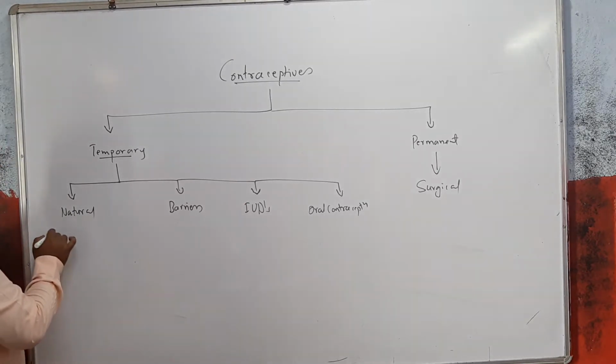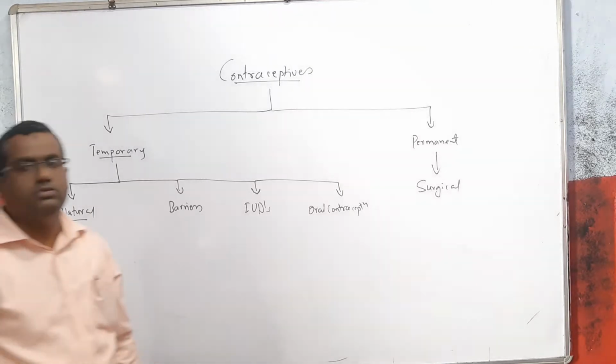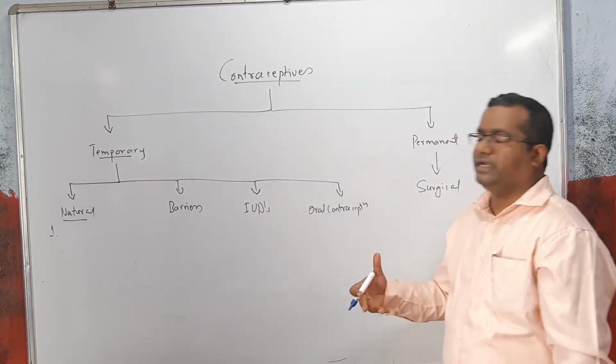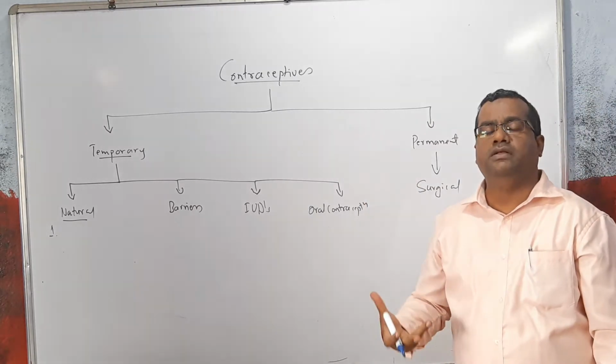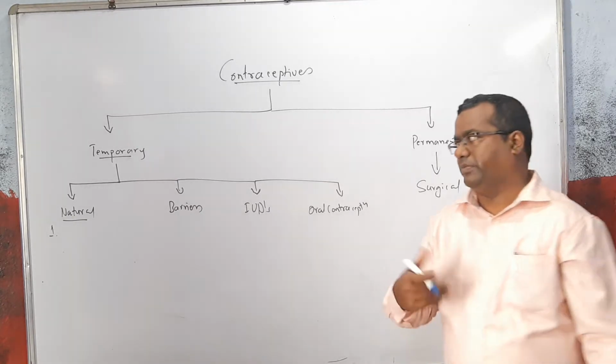The first one is the natural method. In natural, we do not adopt any kind of device, any kind of chemical or any kind of procedure. We just maintain a natural phenomenon to delay pregnancies.